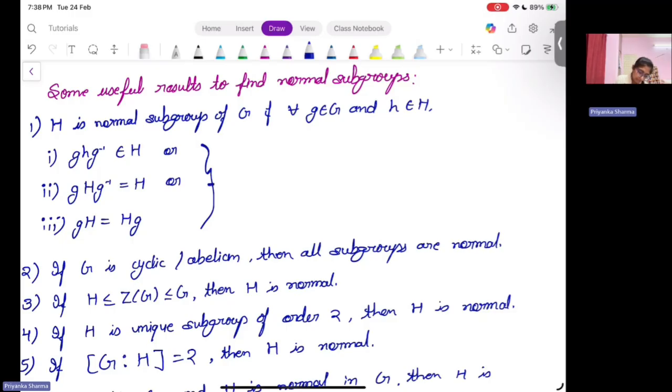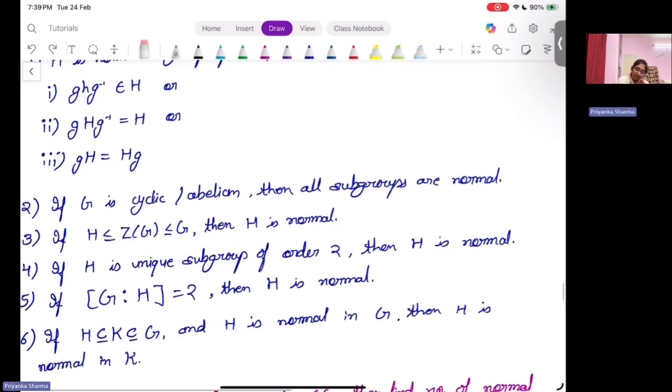That is, if gHg inverse is an element of H again, or if gHg inverse is H, or gH is Hg, that is, the left and right cosets of H with respect to the same element g are same, and this is true for all elements g belongs to G, then we say that H is a normal subgroup.